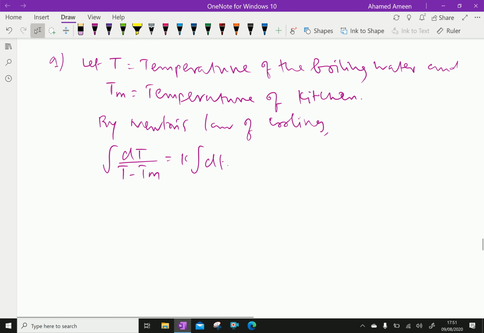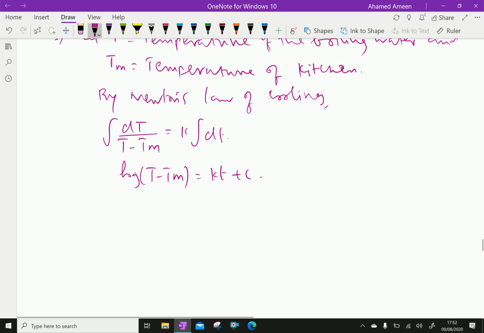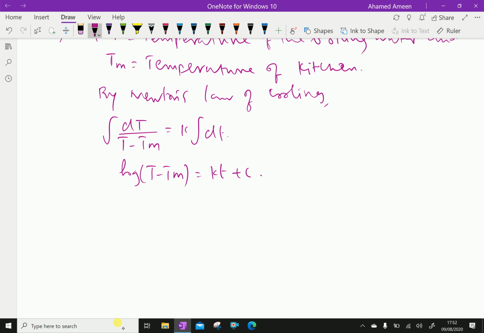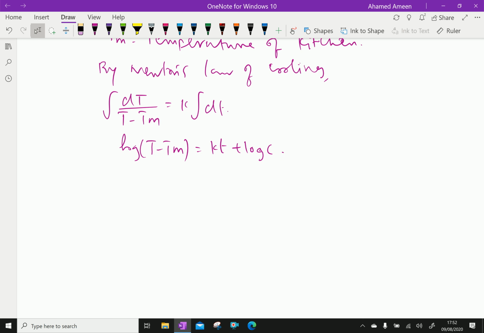Integrating, it becomes log of T minus Tm equal kt plus c, where c is the constant of integration.